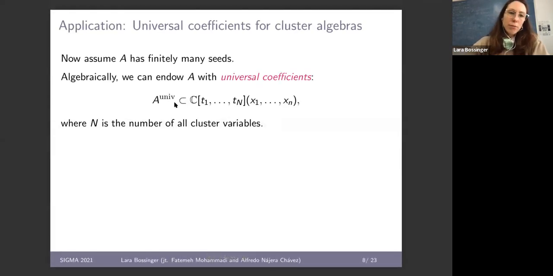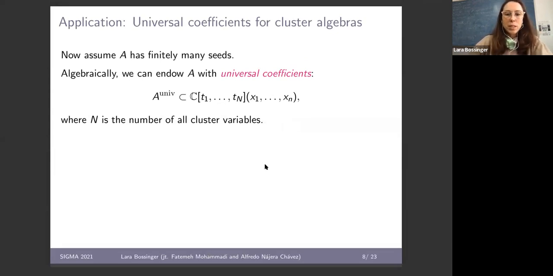So we have a cluster algebra with universal coefficients that still lives in the field of rational functions with as many variables as I have in one seed. But the coefficients can now be in a polynomial ring that is way larger, that has one variable for all cluster variables. So in the A2 example, we would now have 5 t parameters instead of just 2.